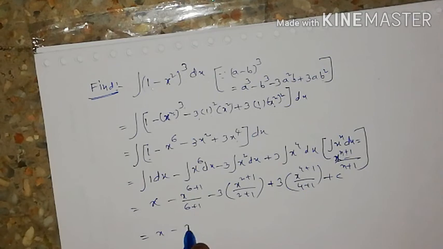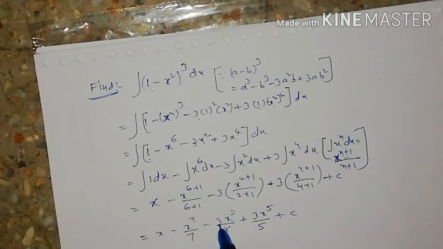x power 7 by 7 minus 3 x cube by 3, already understood, that's why I am writing directly now, plus 3 into x to the power of 5 by 5 plus c. Here you can cancel the denominator, 3 to 3.